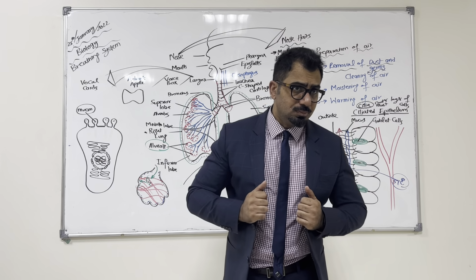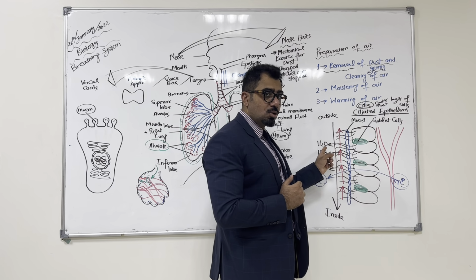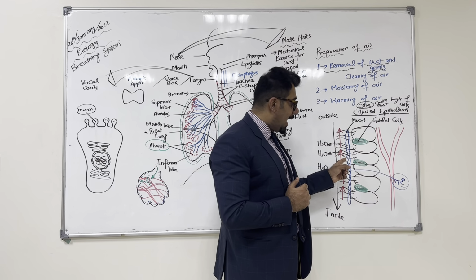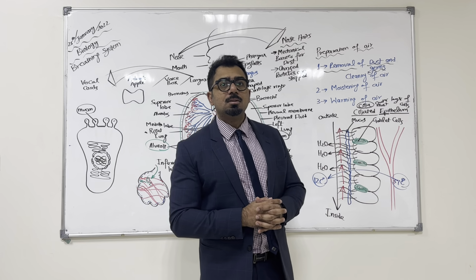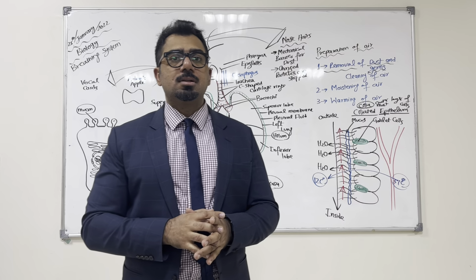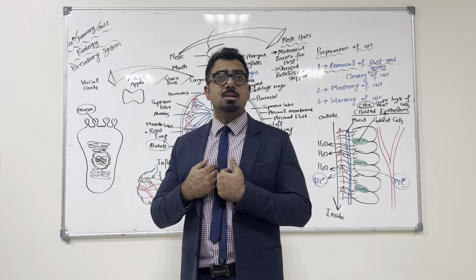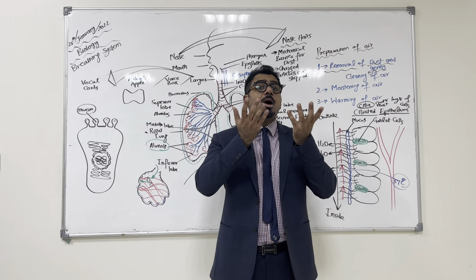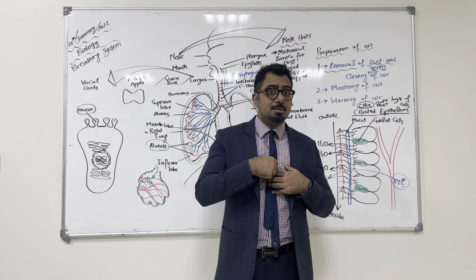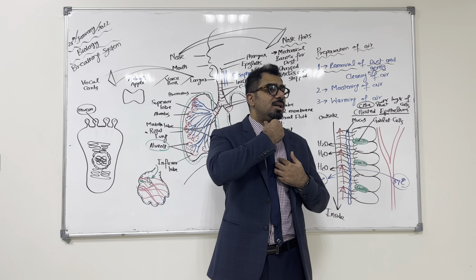Won't the air push it down? No, because air has no role in it. The mucus is attached to the cilia. That is the main reason the mucus is being pushed up, so that the dust particles which are stuck in the mucus come out. And eventually all that mucus comes over here.